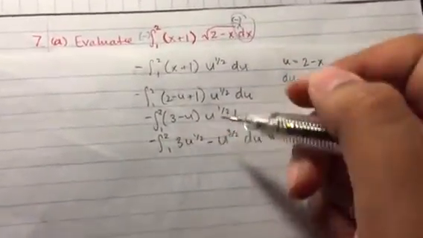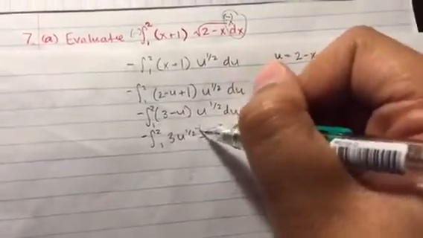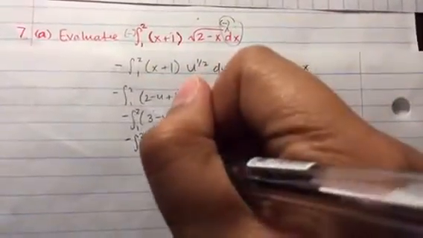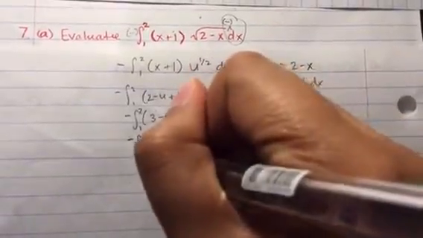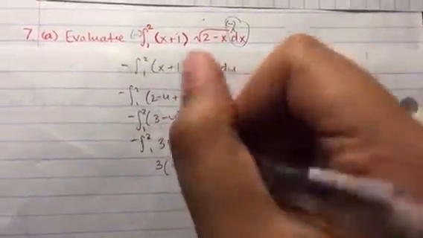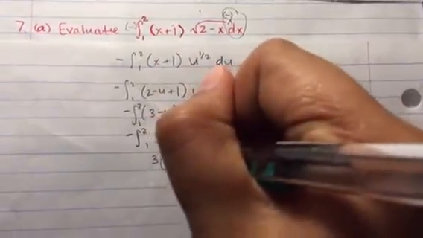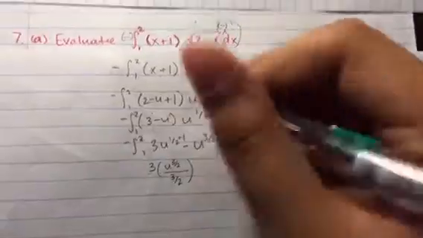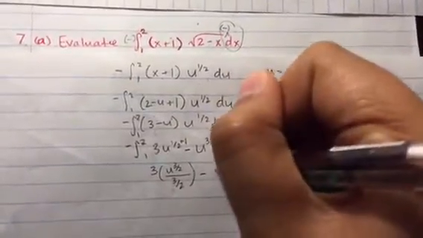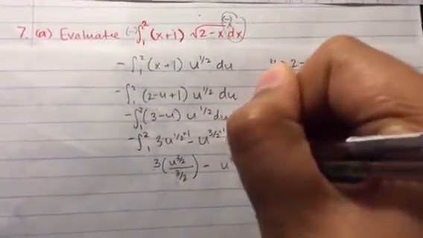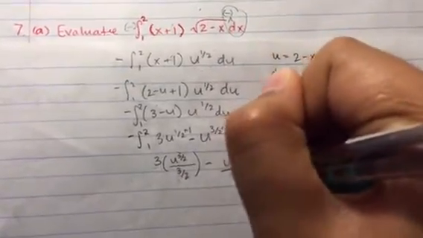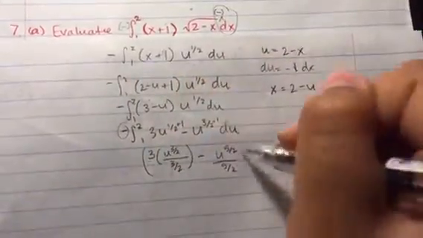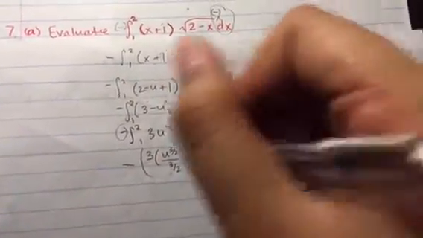And then from here we'll do the antiderivative, so we'll power up. This becomes 3 times u to the 3/2 over 3/2 subtracted by u powering up is u to the 5/2 over 5/2. This, we can take this negative and distribute it.